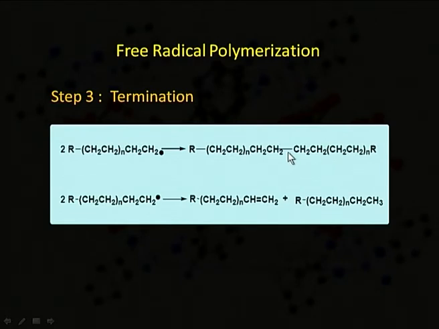This chain transfer can be understood by this diagram, that is the free radicals combining together and the formation of two different polymers going on. The molecular weight of the polymer can be controlled by a process known as chain transfer.